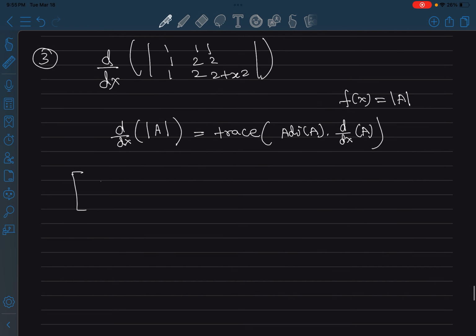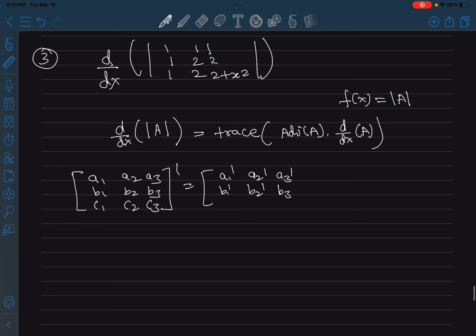The matrix is basically a1, a2, a3, b1, b2, b3, c1, c2, c3. If you want to find the derivative of this matrix, it's just the derivative of all the elements, right?